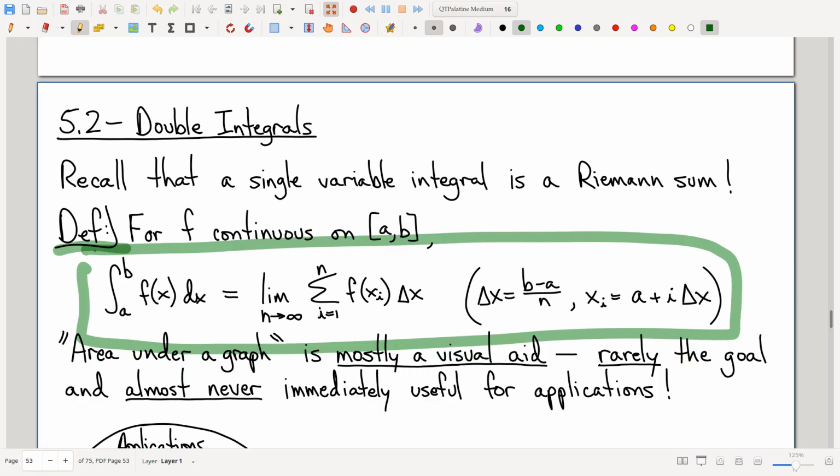Anything I say about continuous also works for piecewise continuous, which in the real world is all we're going to have to worry about. And for those functions, this is just as good as any other definition that anyone could ever come up with for an integral, and it's the easiest one to write down. It's the one that's most broadly useful and applicable. So this is the definition that we're going to work with.